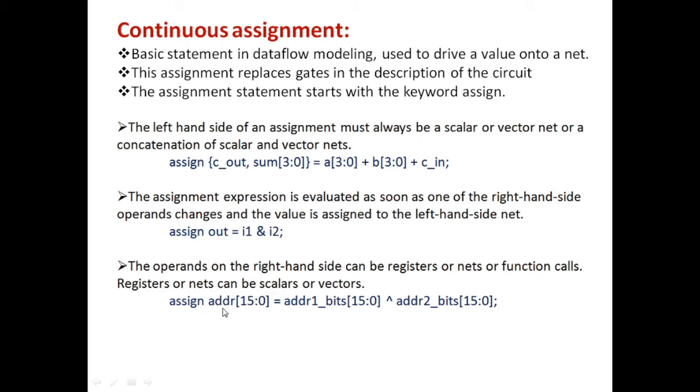Assign is a keyword. So assign address 15 down to 0 equal to address1 bits 15 down to 0 XOR address2 bits 15 down to 0. This is of type vector, and this is also a vector quantity. So in this way we can do it.